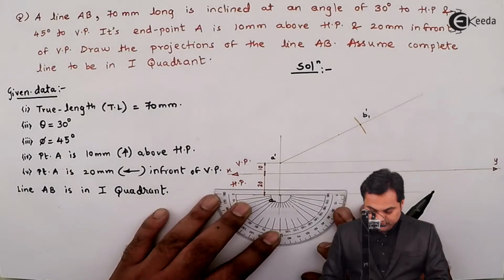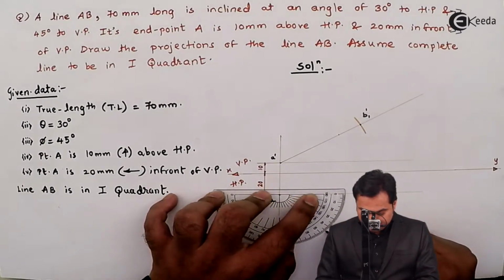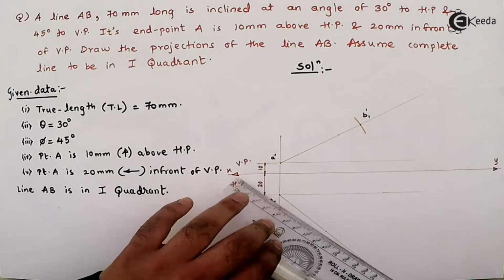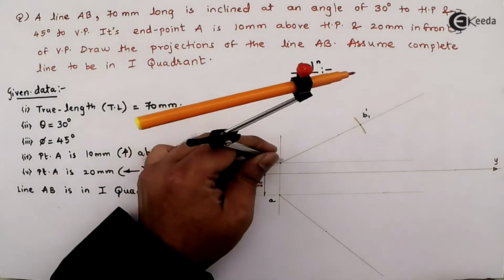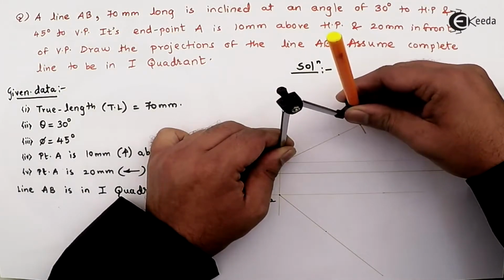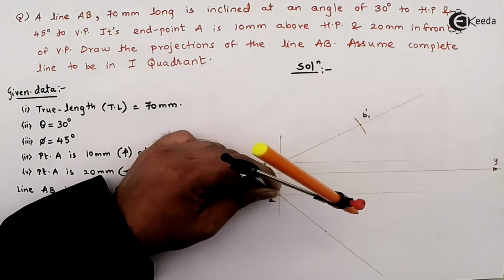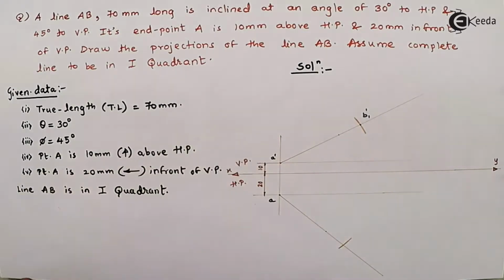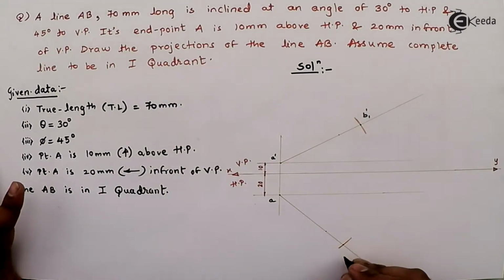So measuring 45-degree angle from point A, then again I'll measure the same true length, that is from A dash to B1 dash, which is 70 mm, keeping it on point A and cutting this line. So here I'll get another notation, I'll give it as point B2.